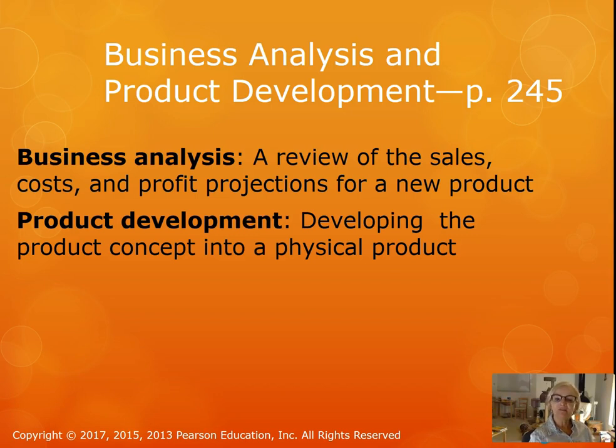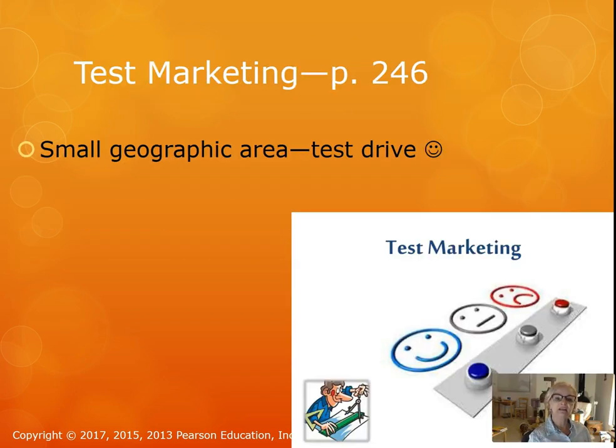The product development is where we are looking at, okay, what material works best for what, and then we have to get to the test marketing, and that is kind of the fun part, right? Most products are first introduced in a smaller geographic area, and then they do an iteration: how do we need to change it in order to make it better?